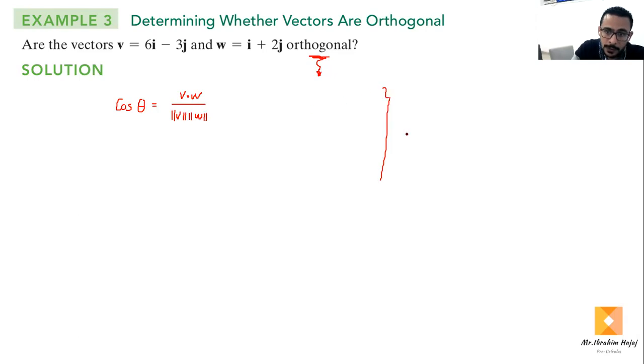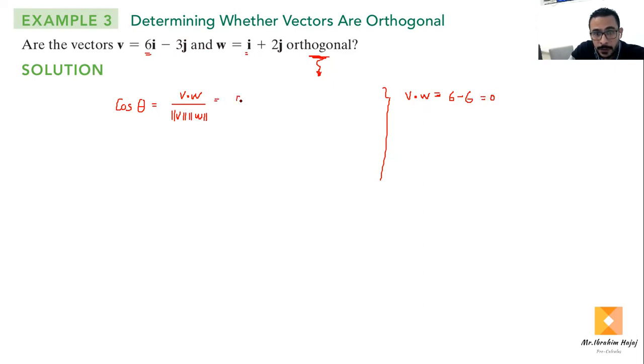So on the right here, we can find the dot product of these two vectors v and w. Multiplying gives 6 times 1, which is 6. And then negative 3 times 2, which is negative 6, so it's 0.